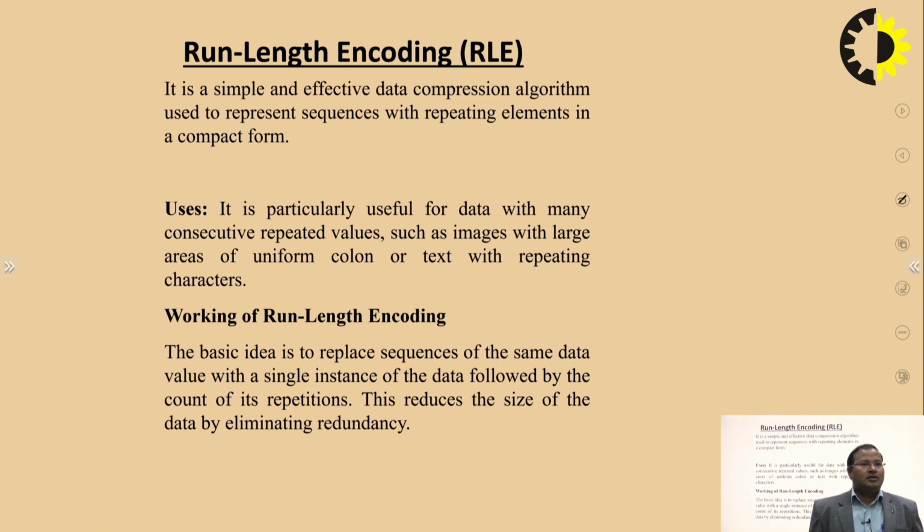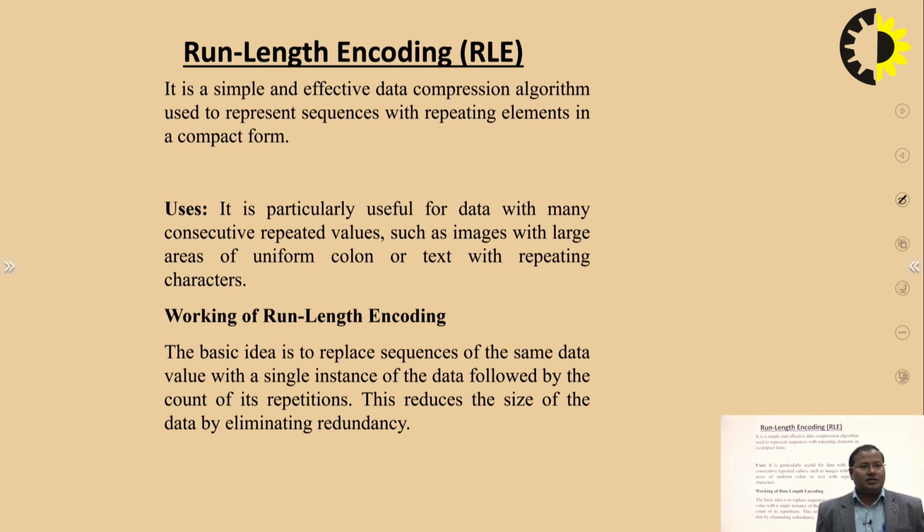Now run length encoding. It is a simple and effective data compression algorithm used to represent sequences with repeating elements in a compact form. It is basically used for data with many consecutive repeated values, such as images with large areas of uniform color or text with repeating characters.